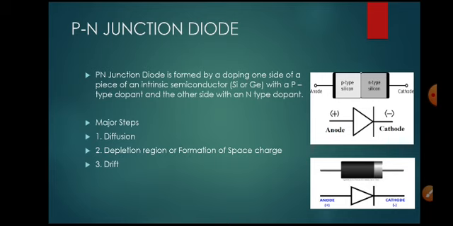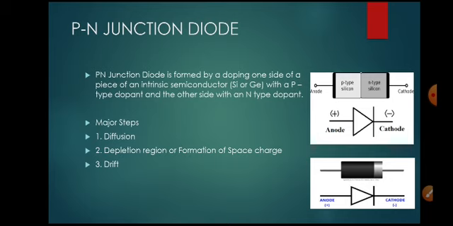So we take a pure semiconductor and add trivalent impurities to half of the piece, and to the other half of the piece we add pentavalent impurities.